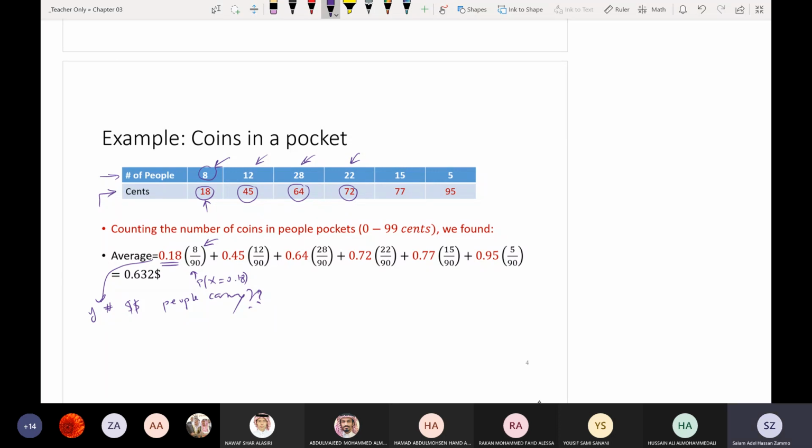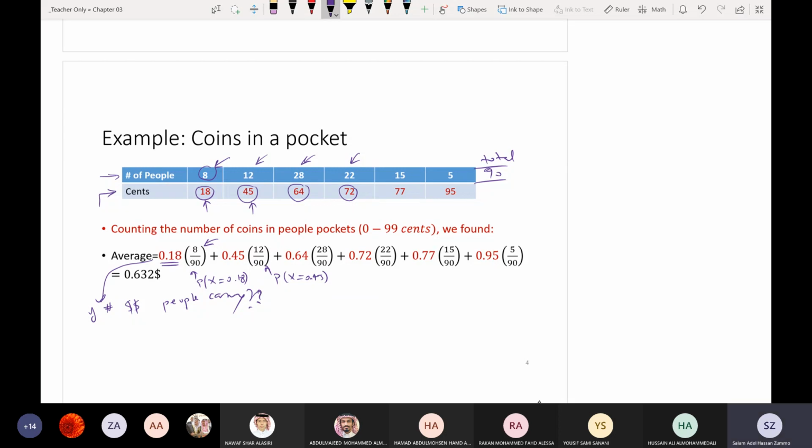And then I add to it 0.45, and I multiply it by the probability that x is equal to 0.45. 12 out of 90 people, here 90 total. 12 out of 90 people carrying 45 cents or $0.45.